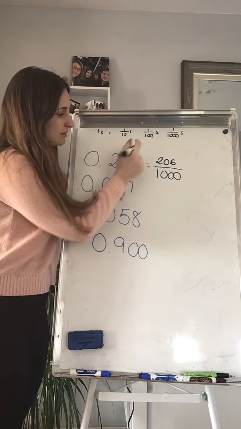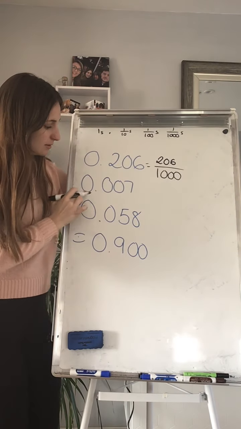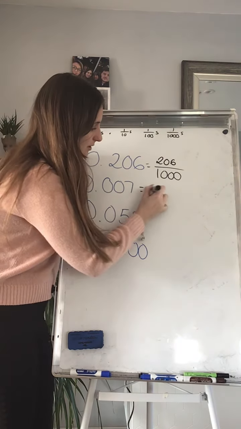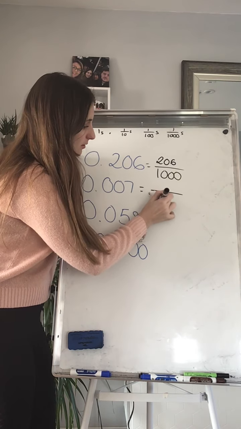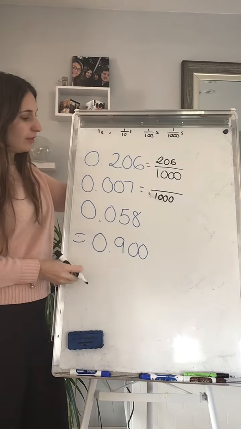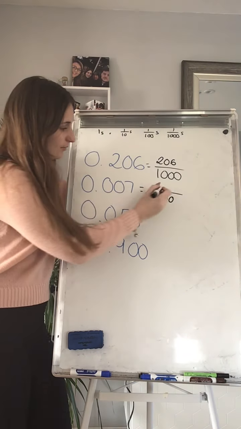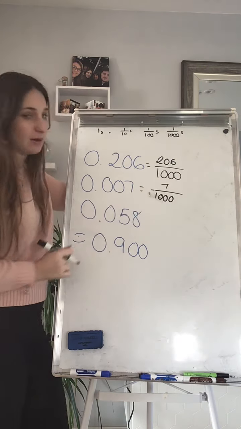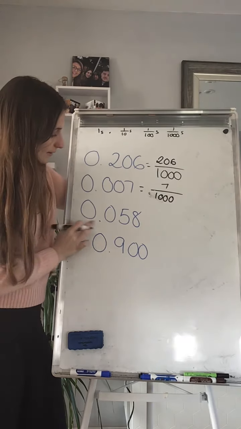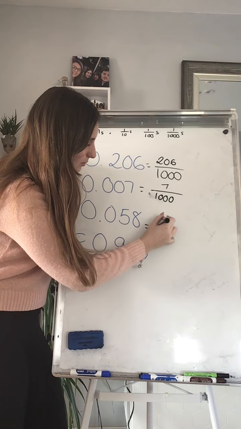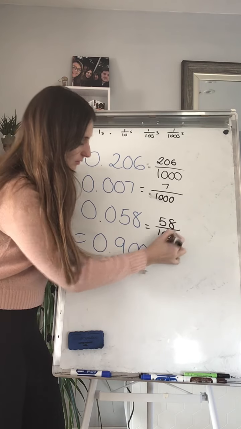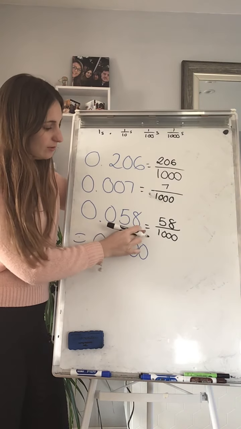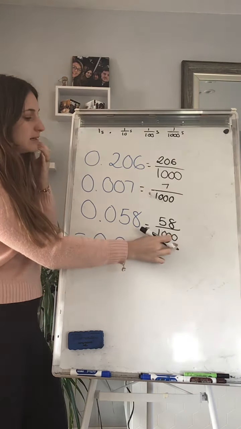So 206 thousandths. 0.007 again, out of 1000, and we have 7 thousandths. Next one, 58 thousandths. Because I have 1, 2, and 3, it's become 3 times bigger.